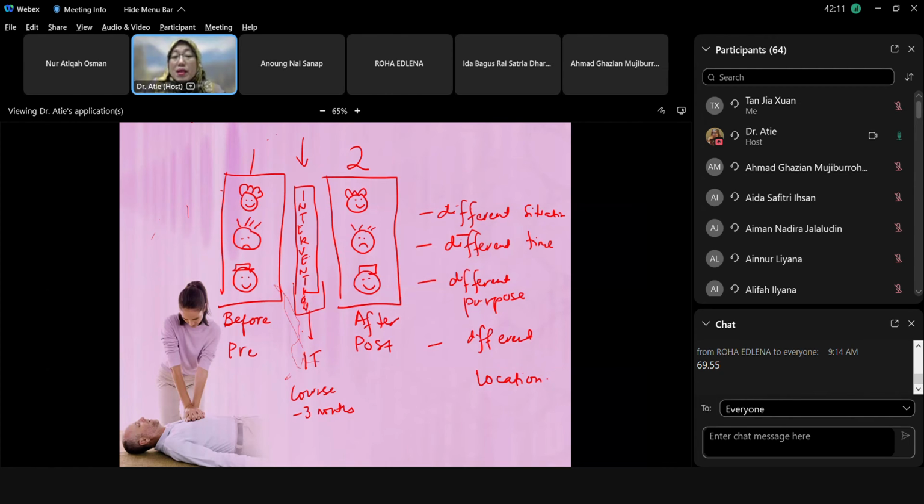Another example of pre and post is the dependent samples, very popular among doctors, psychologists, and psychiatrists. For example, a doctor wants to introduce a new medication for heart problems. They measure the heart rate before the patients take the new medication.